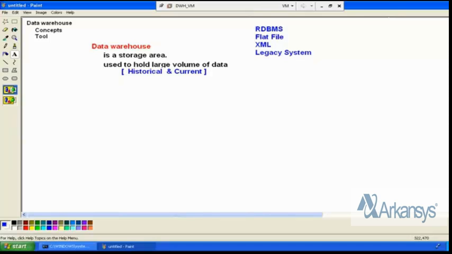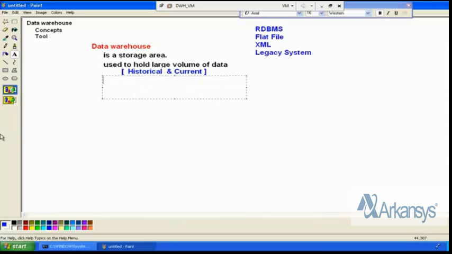So a data warehouse is a storage area used to hold a large volume of data, that is, historical and current data.